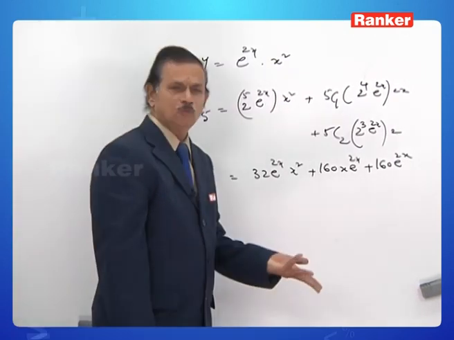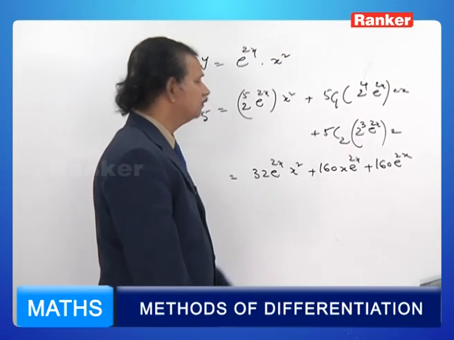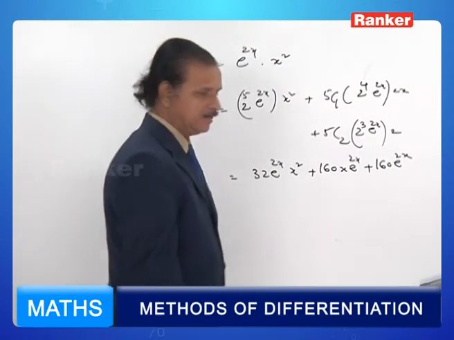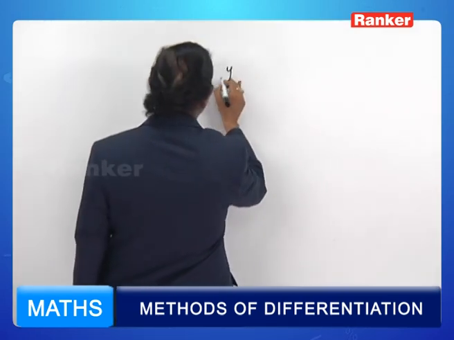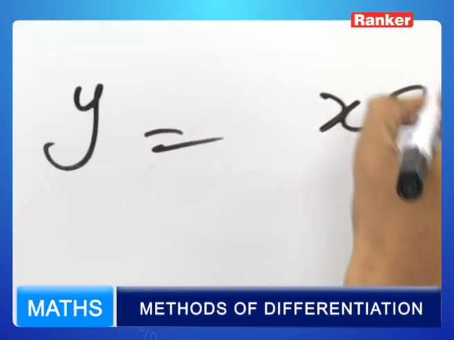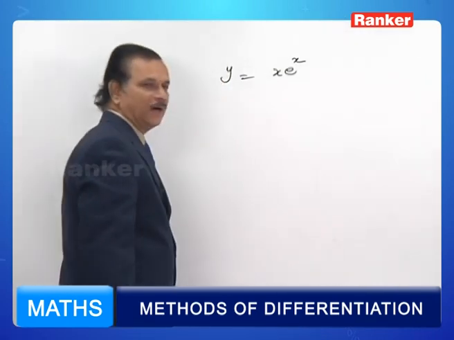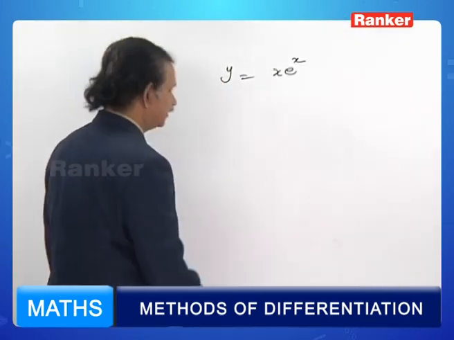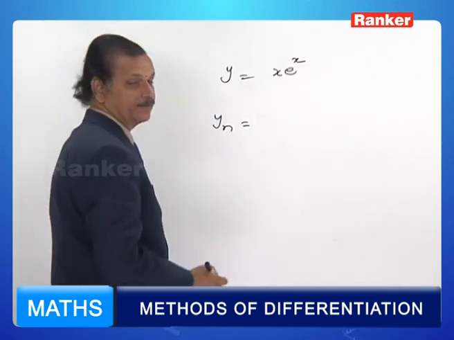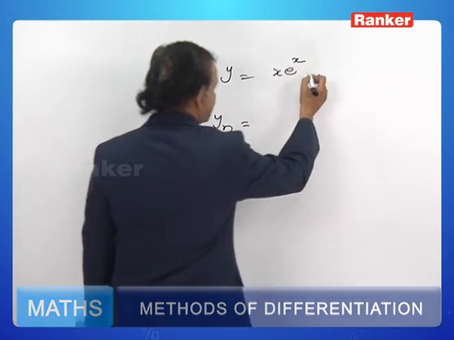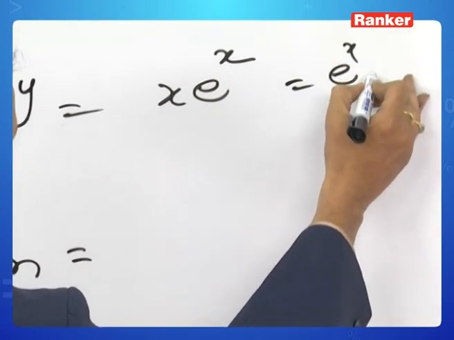Or if you want the nth derivative, let it be. No problem at all. Let us observe one such thing. y = x e^x. I want to have yn, the nth derivative. You now just change this as e^x into x. Why should you?